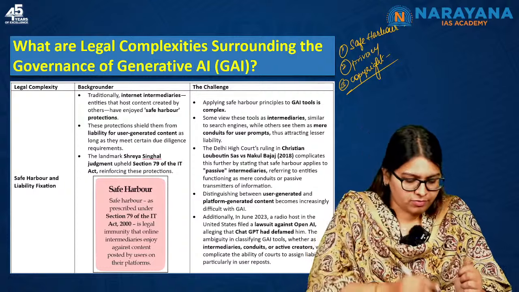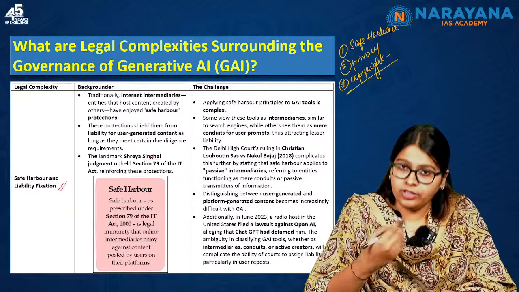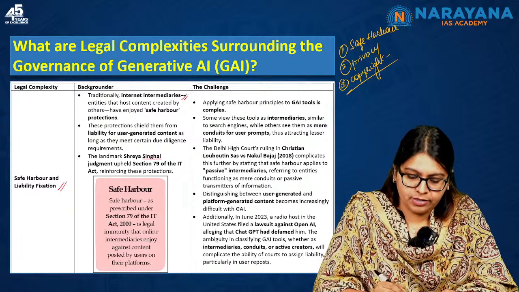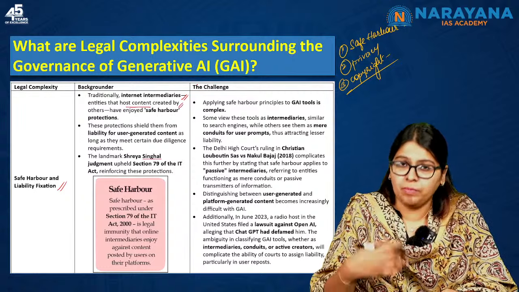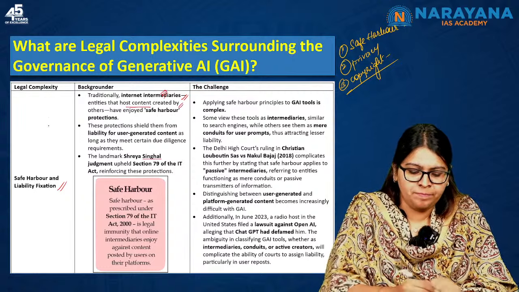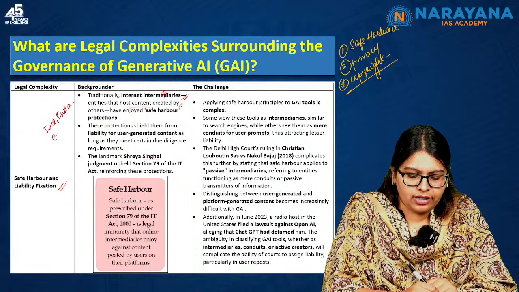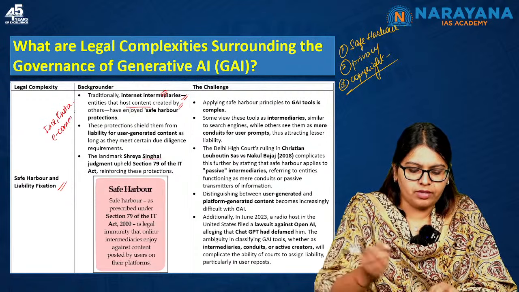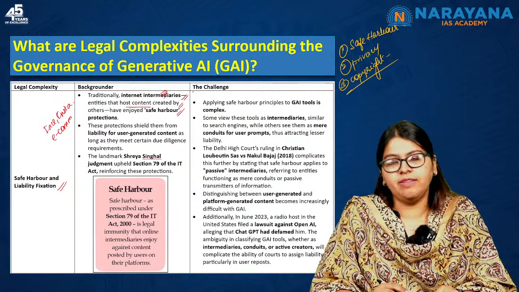Okay, so first we will see safe harbor and liability fixation. Traditionally, internet intermediaries are the entities that host the content created by others. Entities means these are your Facebook, your Insta and your other e-commerce platforms. Okay. So these have always been enjoying this particular clause of safe harbor protection.